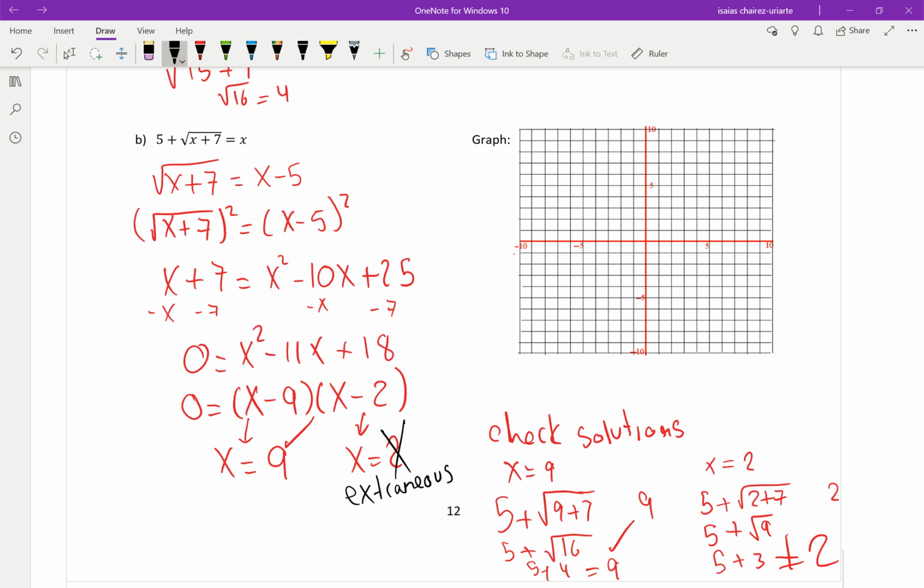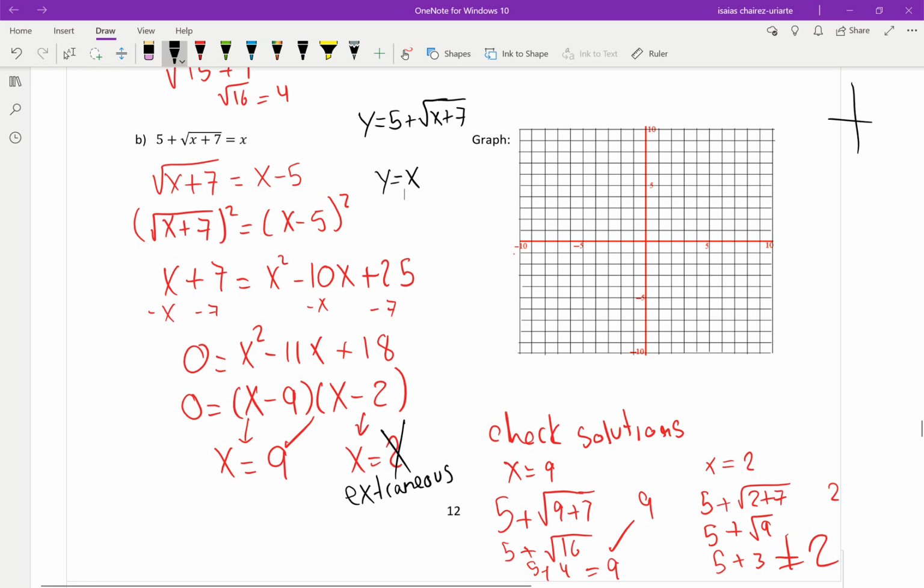Let's verify this graphically. Now we gotta think about the graph of y equals 5 plus the square root of x plus 7, and I also gotta think about the graph of y equals x and see where they intersect. If you remember your transformations, here my parent function is still the square root of x. So let me sketch it again here.